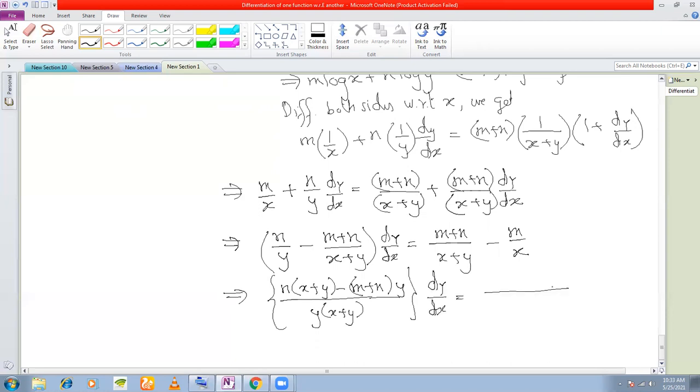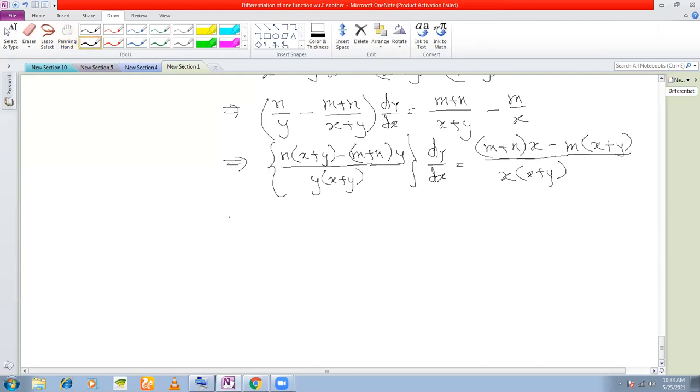And on the right hand side, if you take the LCM, you have m plus n into x minus m times x plus y, right? Now simplify. Here you get nx plus ny minus my minus ny divided by y into x plus y.